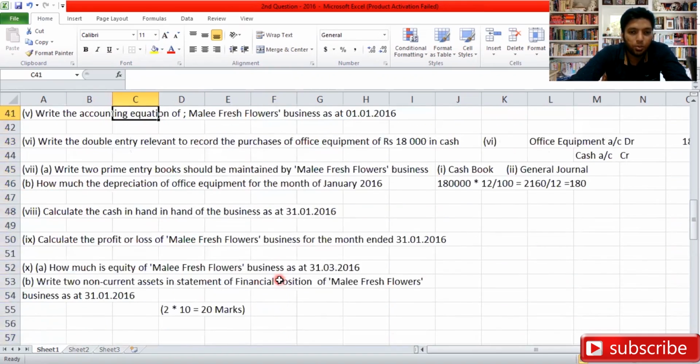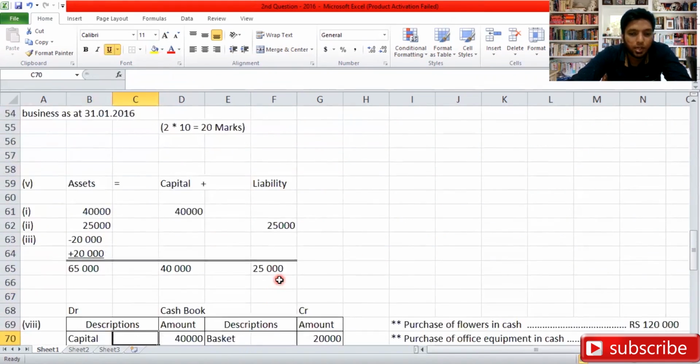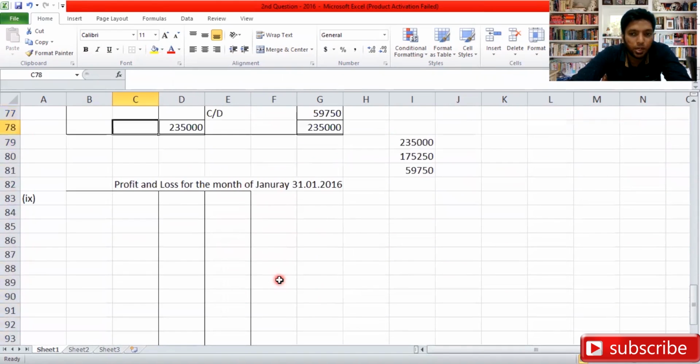Now let me move on. What type of business is this? Always remember to know the business name. Malay Fresh Flowers, profit and loss, you are preparing. So you write the Malay, because only next month it became Saman Malay's Fresh Flowers, but now it's Malay's Fresh Flowers business.